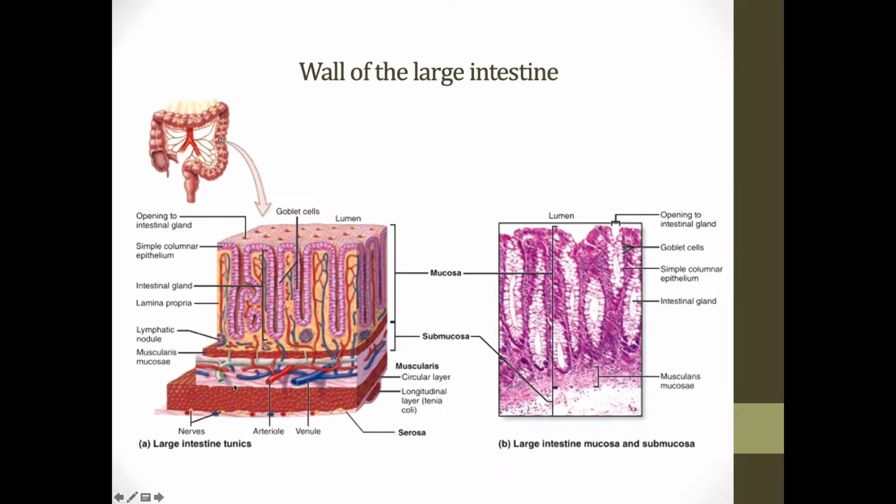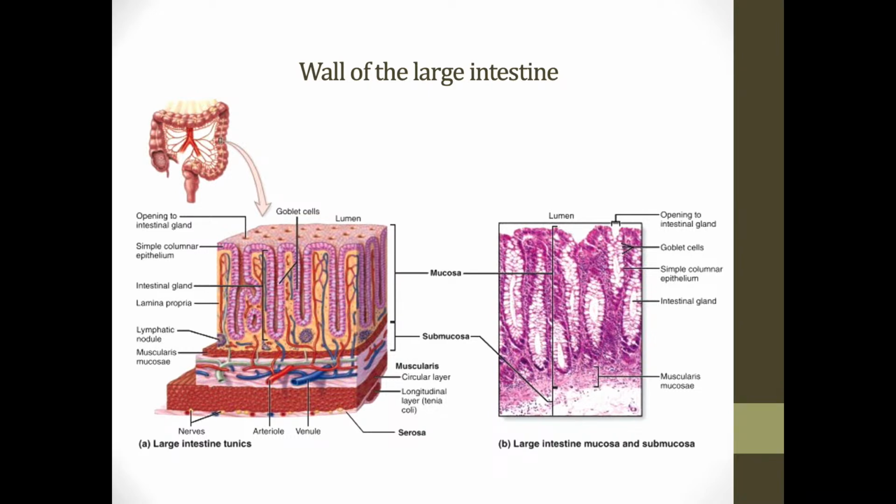And now about the muscularis externa. It has two sublayers, circular and longitudinal. Between these two sublayers is the plexus, but the longitudinal fibers form three separate bands.